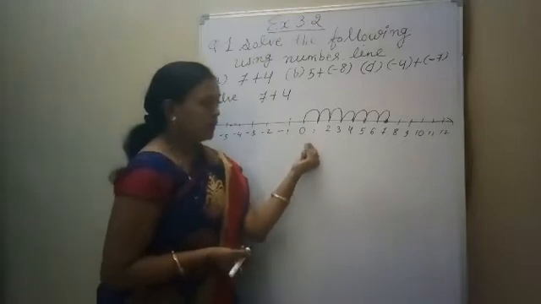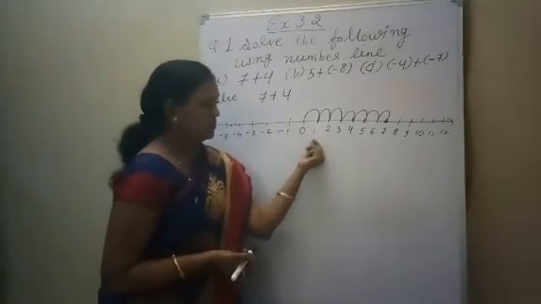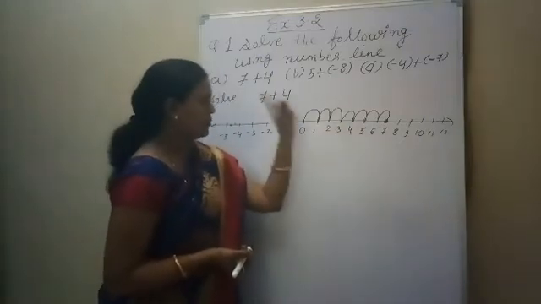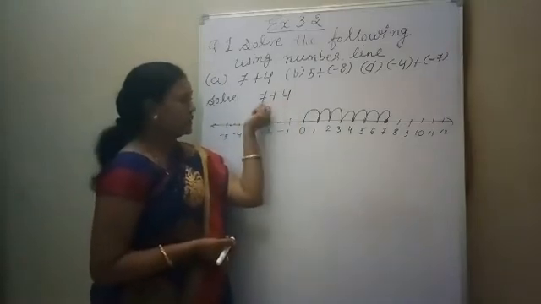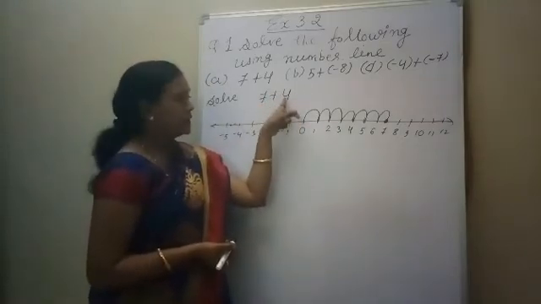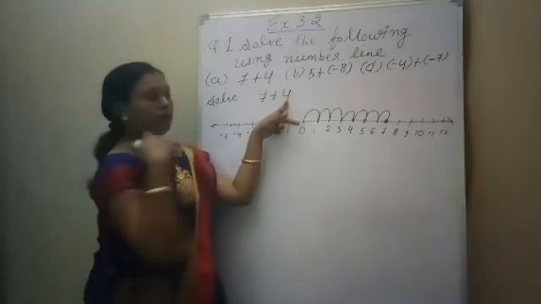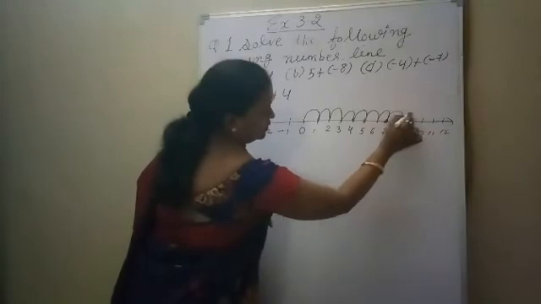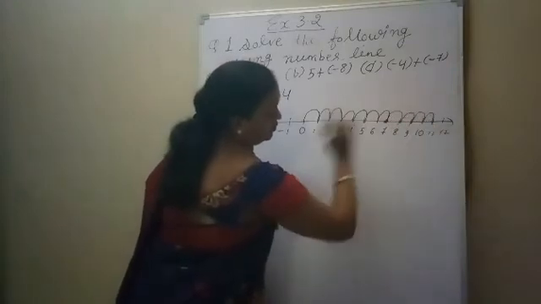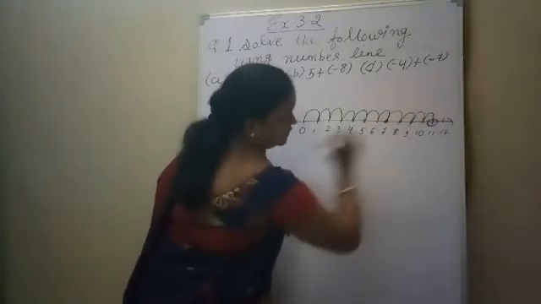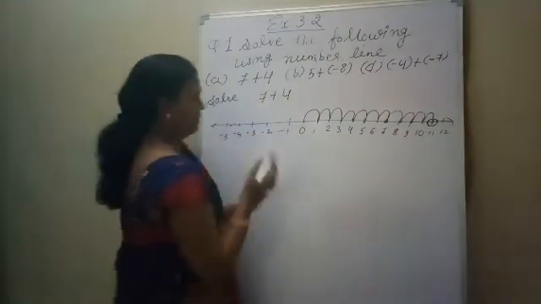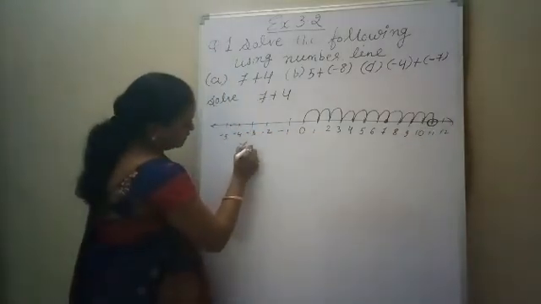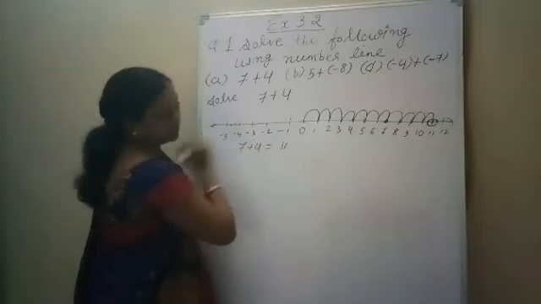Move to the right side of 0. Now 7 plus 4, this is also a positive integer, so we move through the right side. After 7, 1, 2, 3, 4. So what is your answer? Your answer is 11. So 7 plus 4 is 11.